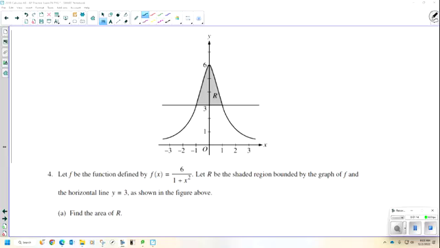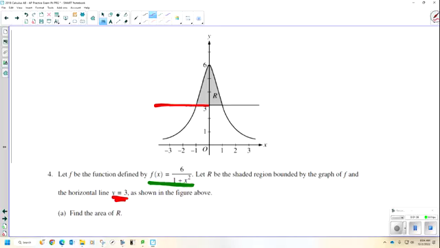Okay. First of all, let's note that we have 2 functions here. We have f of x, and then we have y equals 3. Now, without a calculator, how am I going to do this? First of all, y equals 3 is a horizontal line right at 3.